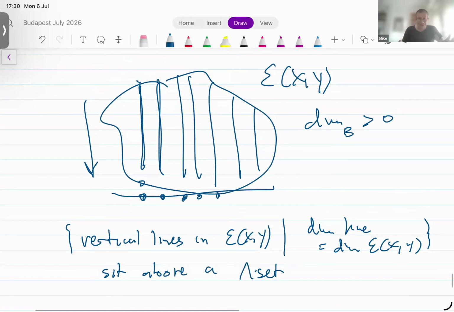And you think you should get a contradiction from this because you have a set E whose dimension is realized on these vertical lines, and the set downstairs has positive box dimension. However, you don't have enough uniformity of the dimension of the vertical lines to use a Fubini argument here.